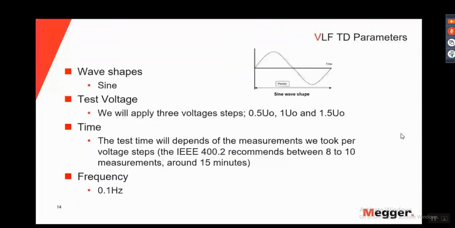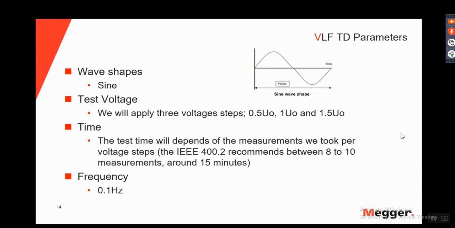The parameters involved in the tan delta test are, first, the wave shape. The wave shape must be sine, as I said. For the test voltage, we apply 3 voltage steps: 0.5 U0, 1 U0, and 1.5 U0. This is according to the IEEE 400.2. The test time will depend on the measurements we take per voltage step.